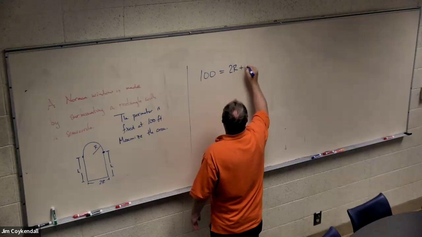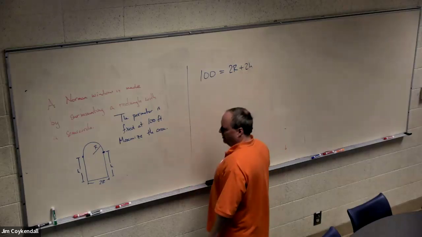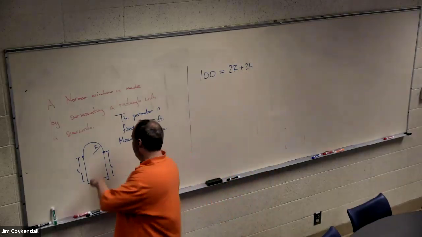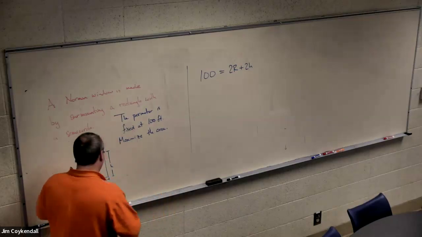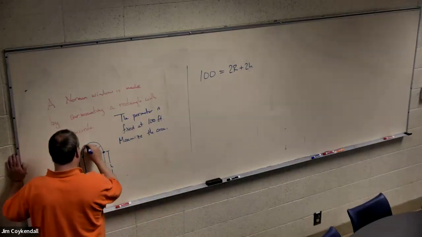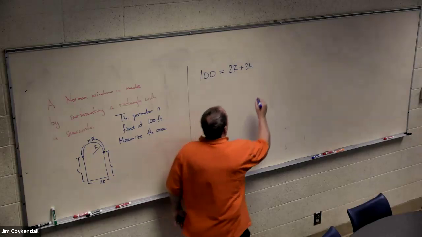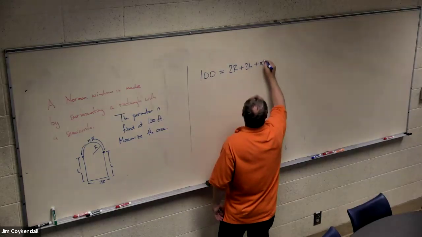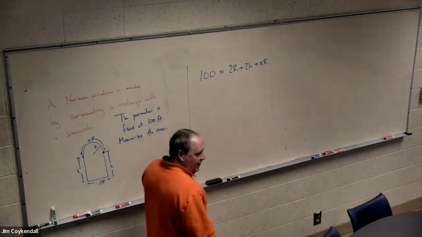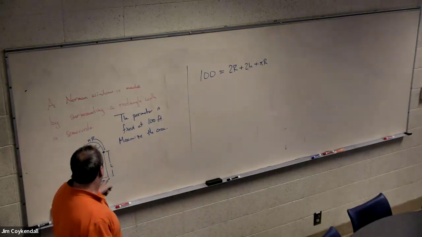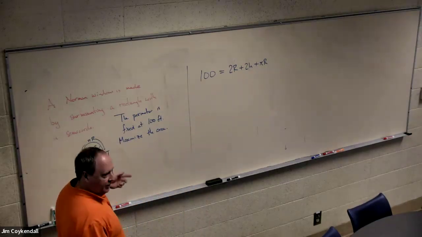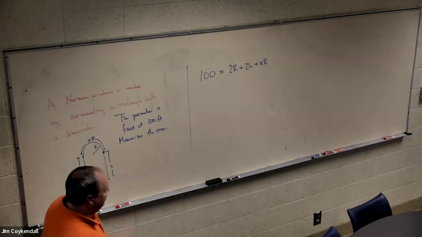Two R's, two H's, and then you have to walk around this semicircle, right? Good. So that figure has to come to 100. Two R's, two H's, plus pi R. That's fixed.